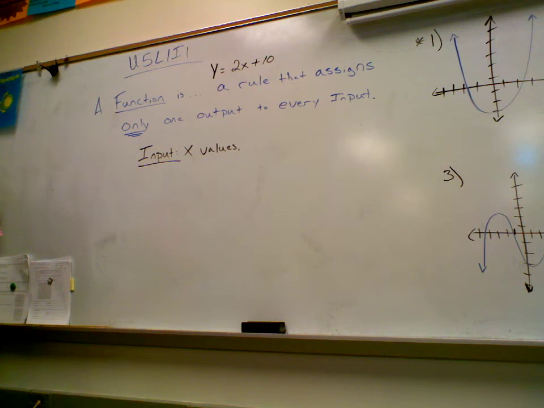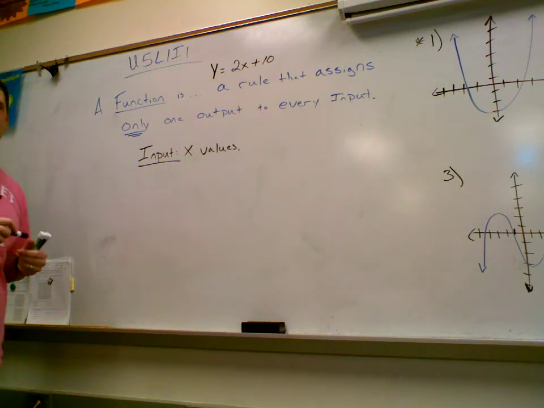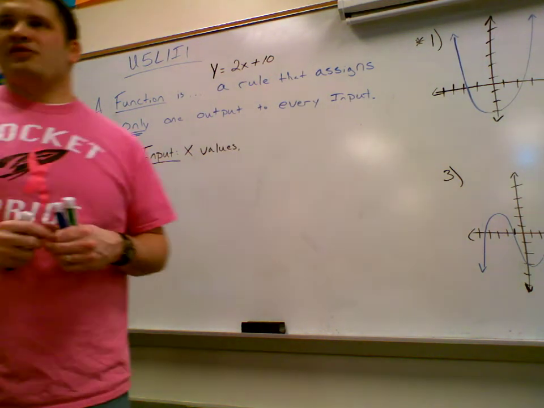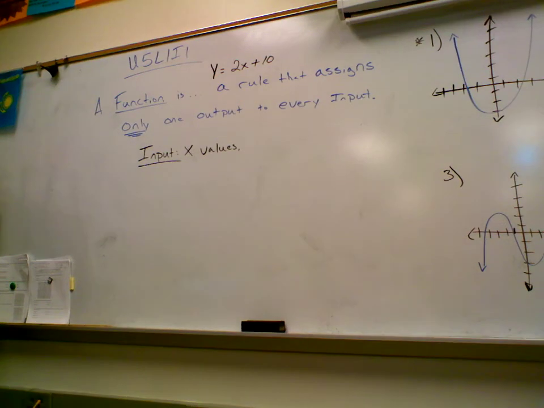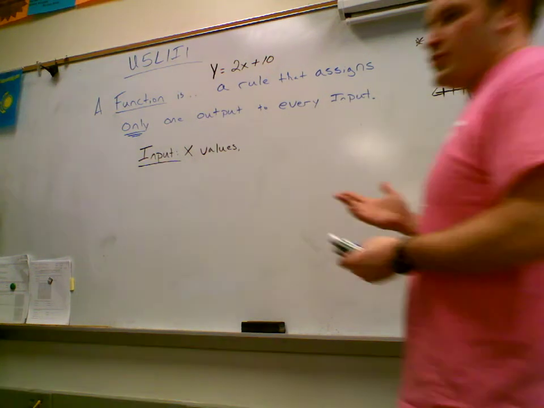Now there will be functions that won't be functions of x and y. They might be of h and t, height and time, or cost and number of students, C and n. We've done different functions like that. But the x values, what variable is the x value? Independent or dependent? It's the independent, right? So whatever value you can choose, that's your inputs.